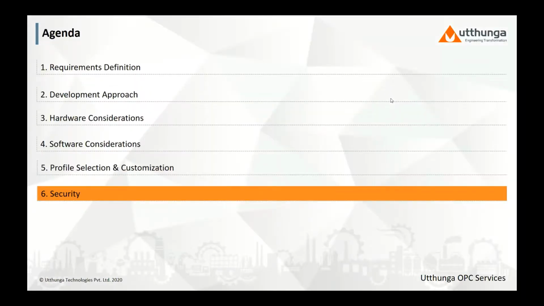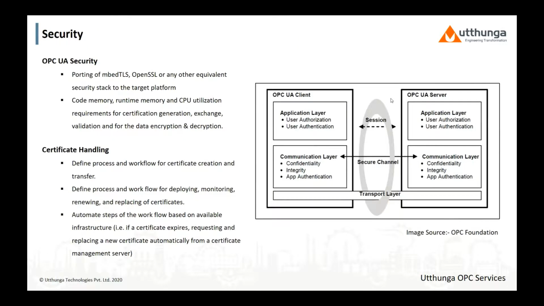And the last item is security. If you want to implement security in your devices, you need to consider 2 things. One is OPC UA security, and with respect to OPC UA security, most of these OPC UA stacks need additional support from a security stack, like the Embed TLS stack or OpenSSL stack, so you need to port those stacks.